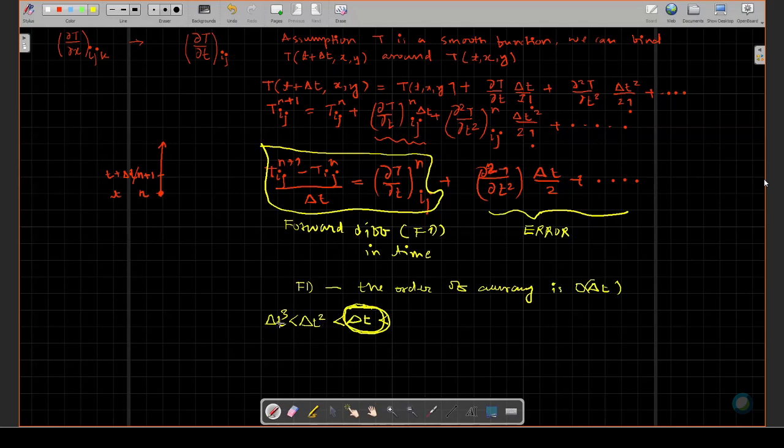For a small value of delta t, say 0.1, the higher terms will be very small and neglected, so you take the first coefficient of the error term. All these terms are error terms, and the first coefficient is delta t. That is the reason we say the order of accuracy of this particular finite difference scheme is delta t.